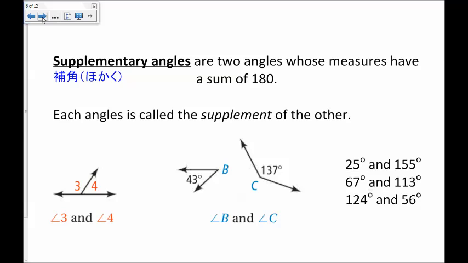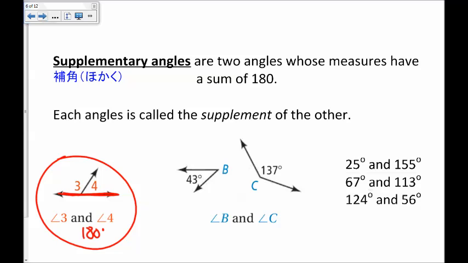Next, supplementary angles. Supplementary angles are two angles whose measures have a sum of 180 degrees. In this picture, angles 3 and 4 make a straight line, and so angles 3 and 4 must have measures that add up to 180 degrees.